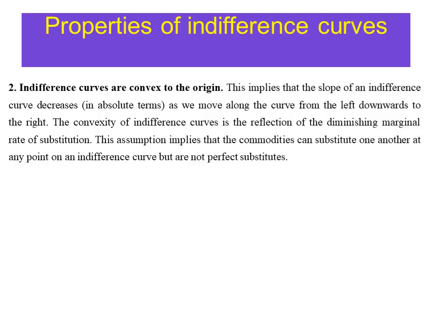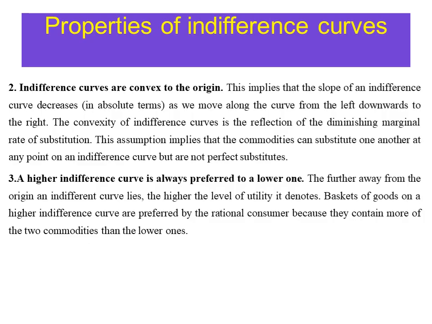For example, if you substitute banana with orange, orange is not the same as banana, even though it is substituted, because the value is not the same. It means it is not perfectly substitutable, and because of that it is convex to the origin.